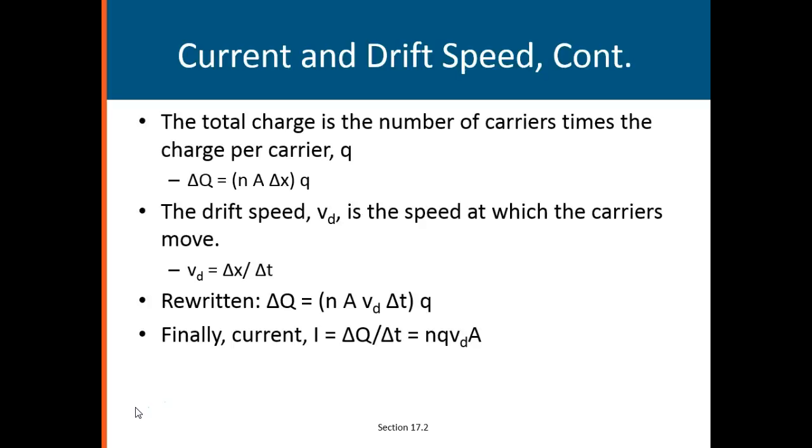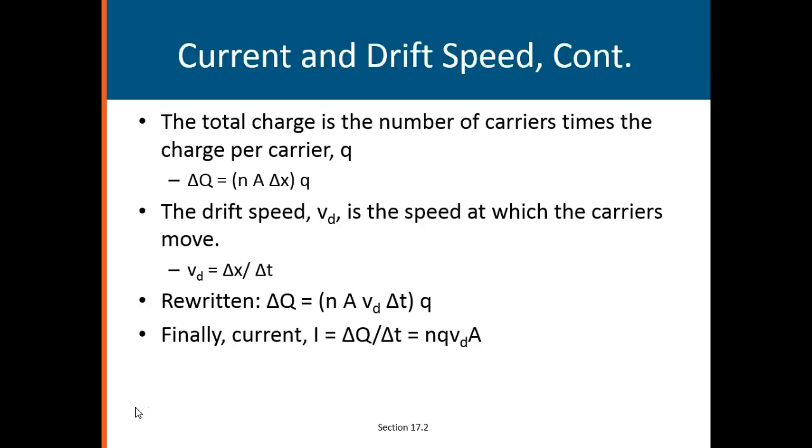If they were ions, they may have a +2 or a -3 charge, and that would be the q for those ions. So the total charge is the number of carriers times the charge per carrier.